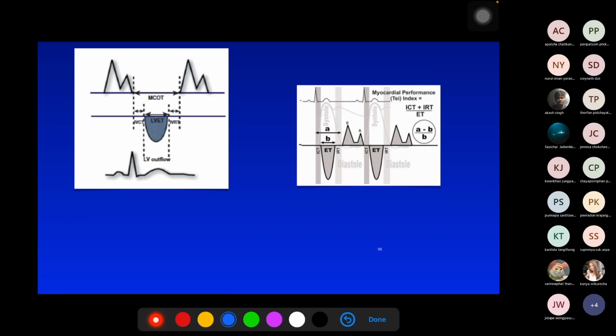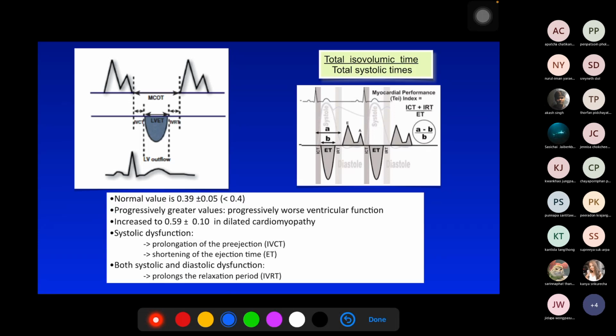The normal value is about 0.42. If the patient has systolic dysfunction, the patient may have a prolonged IVCT and a short ET, so the ratio is increased. But if the patient has both systolic and diastolic dysfunction, both IVCT and IVRT are prolonged and ET is short, so this ratio is also increased.